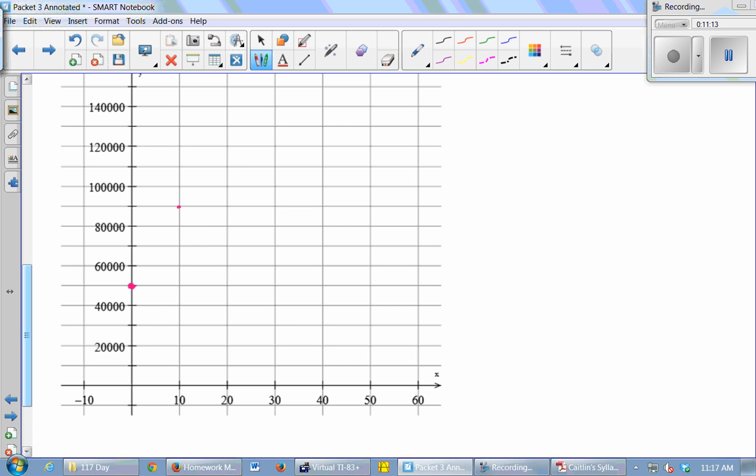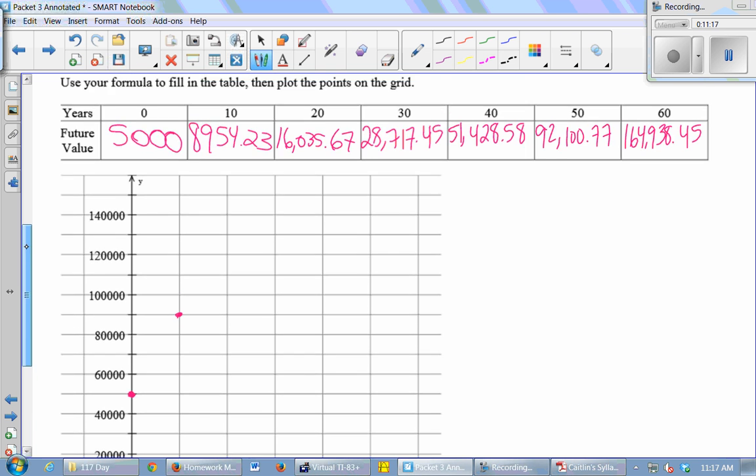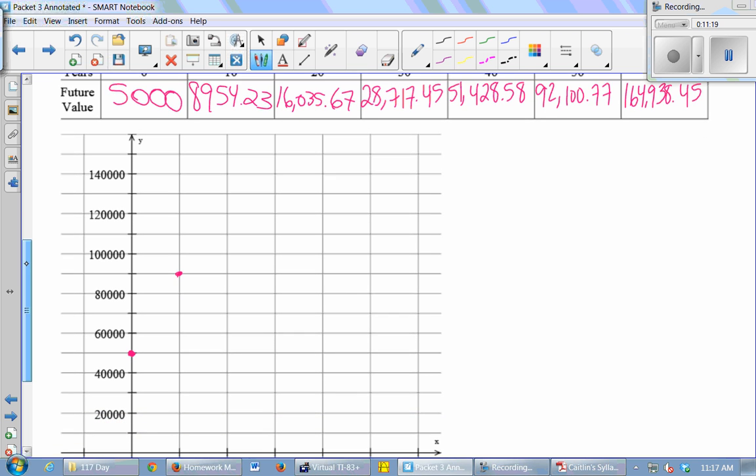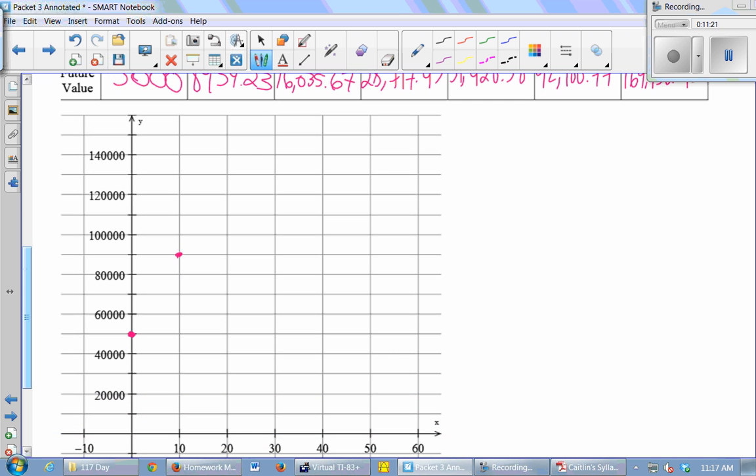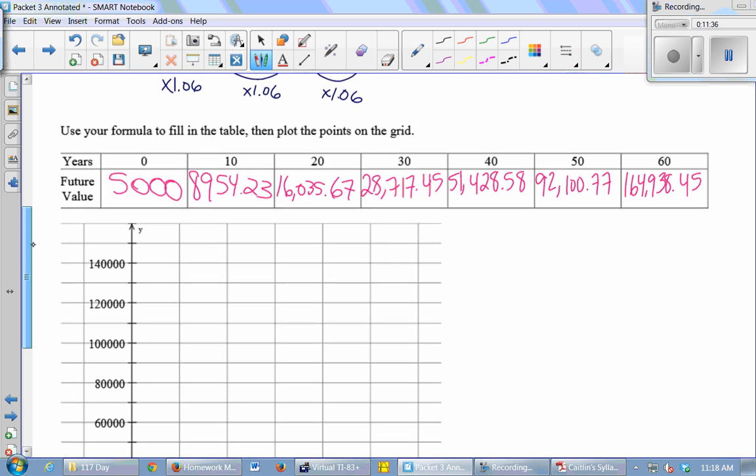I can't be perfect here because my grid isn't that fine, so I'm going to round a little bit. 20, 16,000. Oops, that was 90,000. Sorry. 10, and that was too much. Sorry. So, the zeros are blurring.